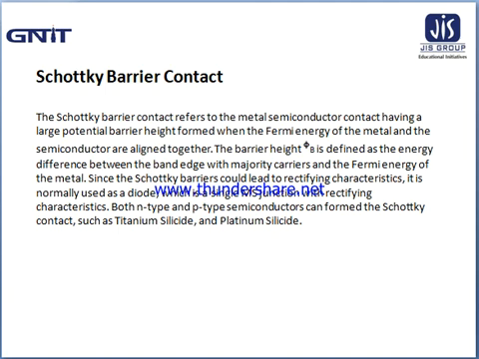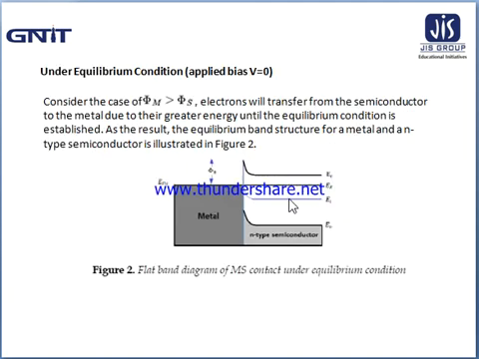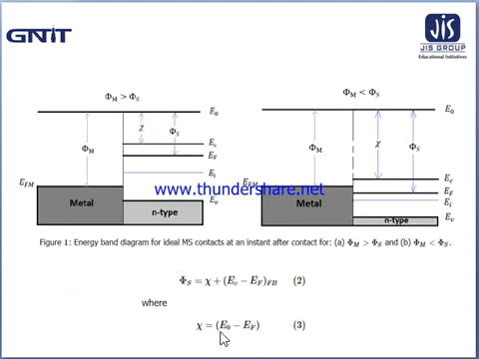The barrier height, that is phi b, is defined as the energy difference between the band edge with majority carriers and the Fermi energy of the metal.